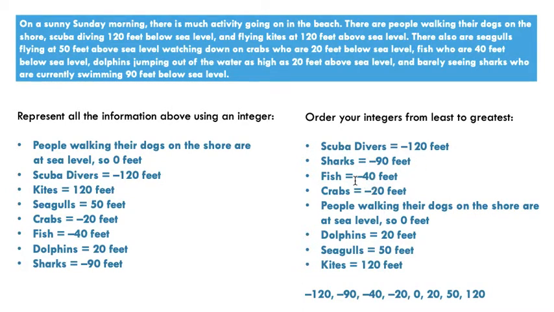And then the next one that's not as far down is negative 40, and then negative 20, and then we're at 0, so we're at sea level, and now we're going up. So dolphins are 20 feet above because they're jumping out of the water, and then seagulls are 50 feet above, and then the kites are 120 feet above. So the order from least to greatest is negative 120, negative 90, negative 40, negative 20, 0, 20, 50, and then 120.